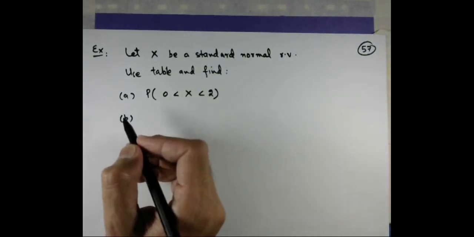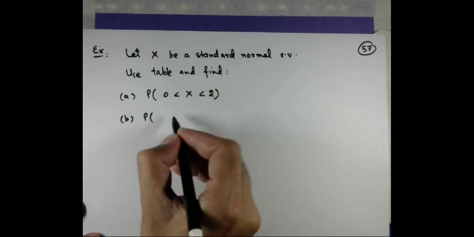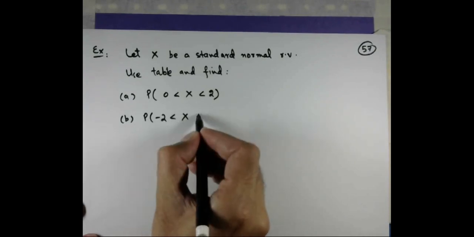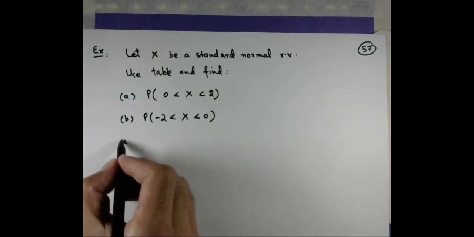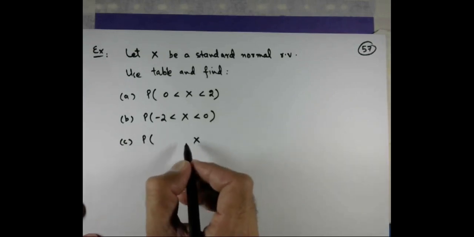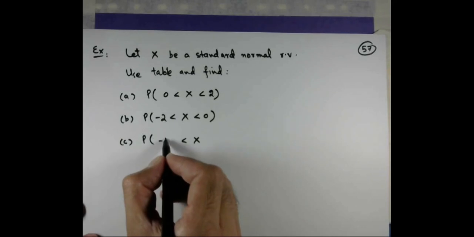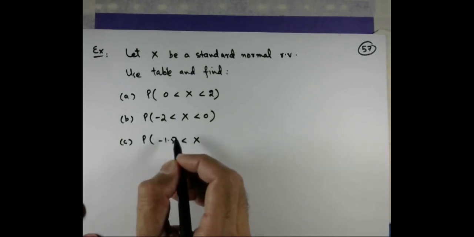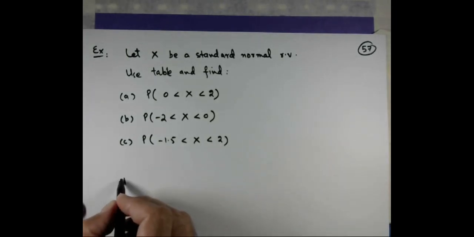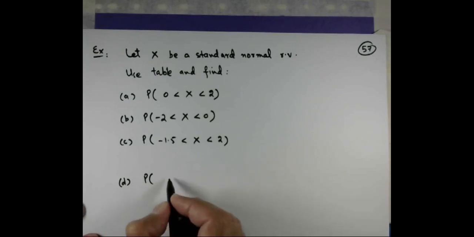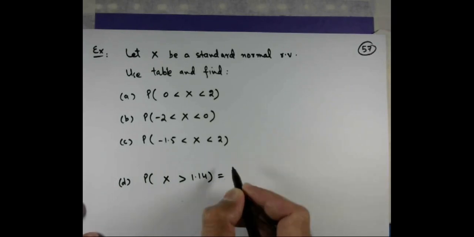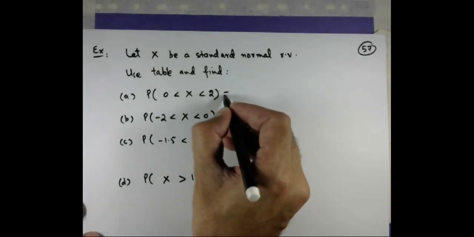Second, the probability that x is greater than minus 2 and less than 0. Third, the probability that x is greater than minus 1.5 and less than 2, and D, the probability that x is greater than 1.14. So we need to find these 4 probabilities.